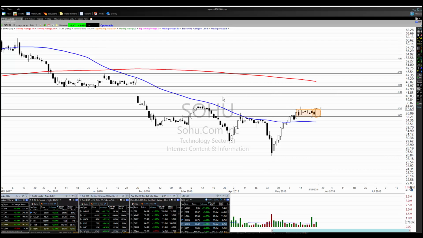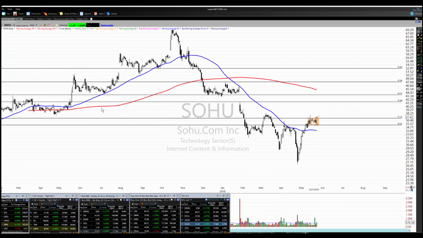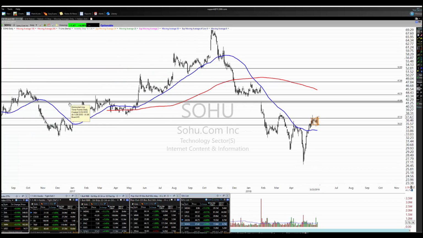Looks to me like the beginning of this gap is the first potential resistance that we're looking at, and yes, that is a valid level. POC, I'll look at that here in just a minute.